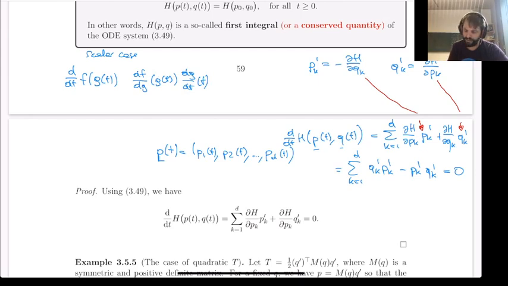And for vector valued, it's what I've written here. So it's dH by dpk evaluated at p of t, q of t times dpk by dt at t. And that you have to do for every k, and then you have to sum up. That's the chain rule. Does that answer it?